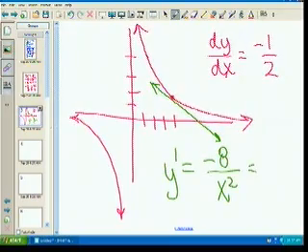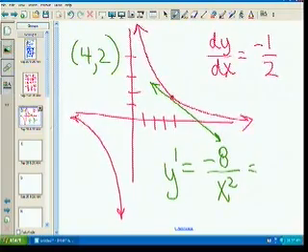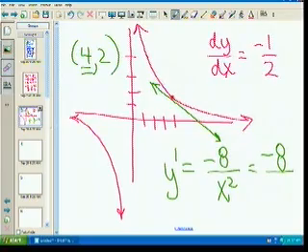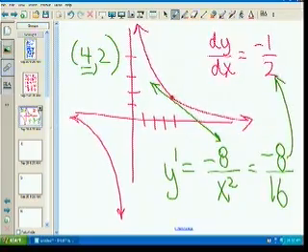At that point, 4, 2, we better get the same answer, or I've made some mistakes and you let me get away with it. If we take negative 8 over the square of the x value, the x value is 4. 16. Same answer, right? You kind of have to trust that process, that it's going to give you what you want.